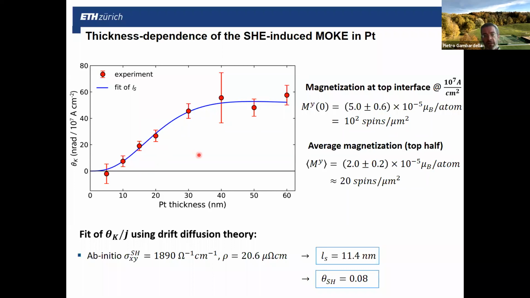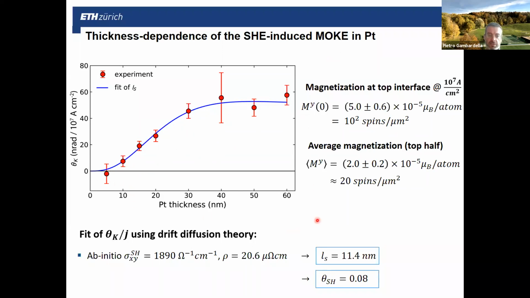Okay. And the other important fact is that the sensitivity of MOKE, of the magneto-optical Kerr effect, is several tens of nanometers.